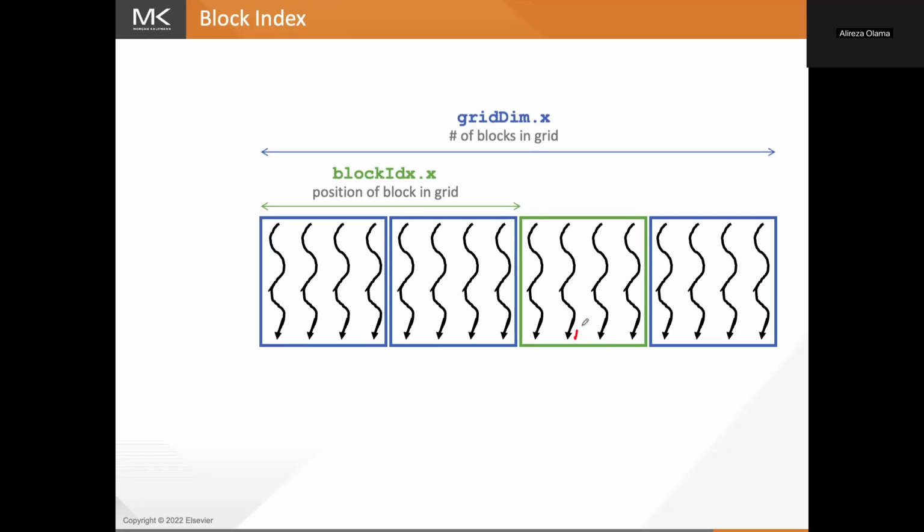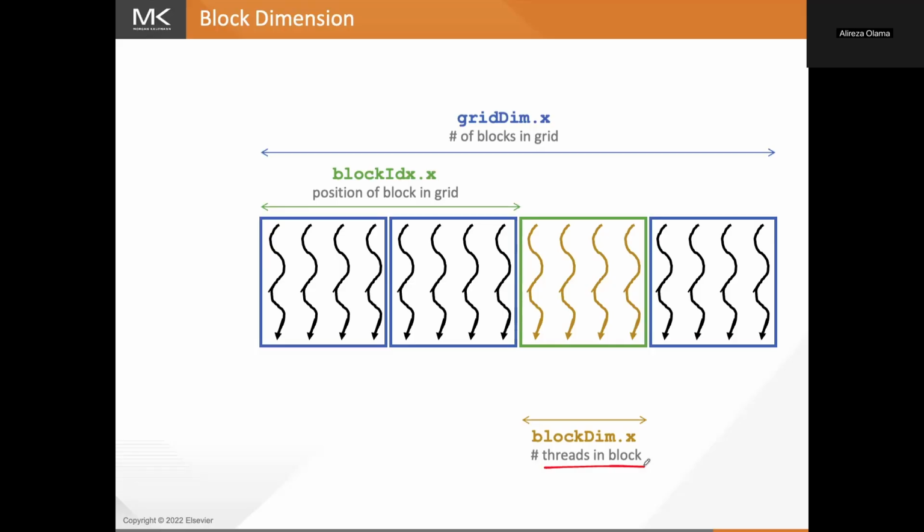Basically, each thread, when it runs this code, will know the index of the block that contains that particular thread. Okay, then you have blockDim.x, which provides the number of threads in the block. And finally, you have threadIdx.x, which gives you the index of the thread within the block, right?